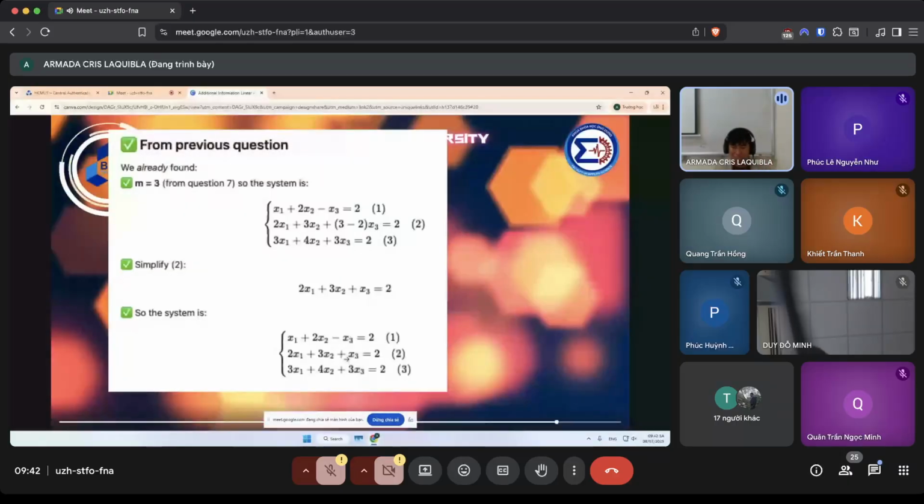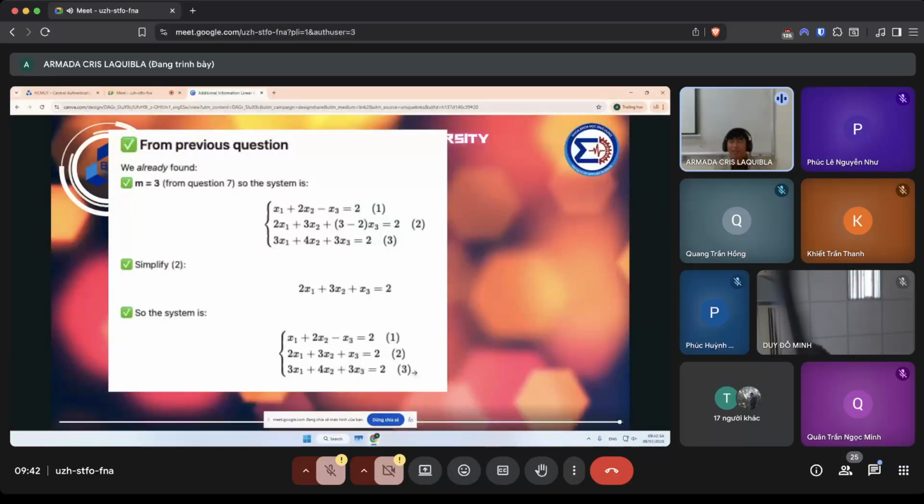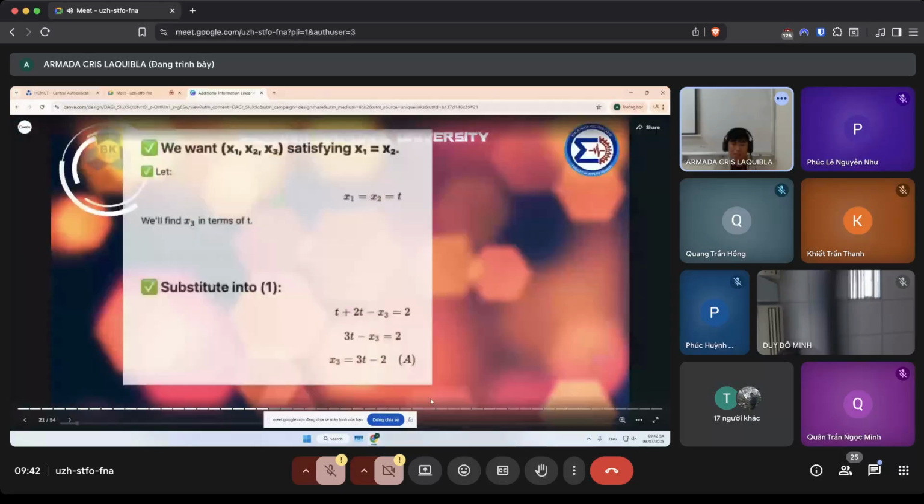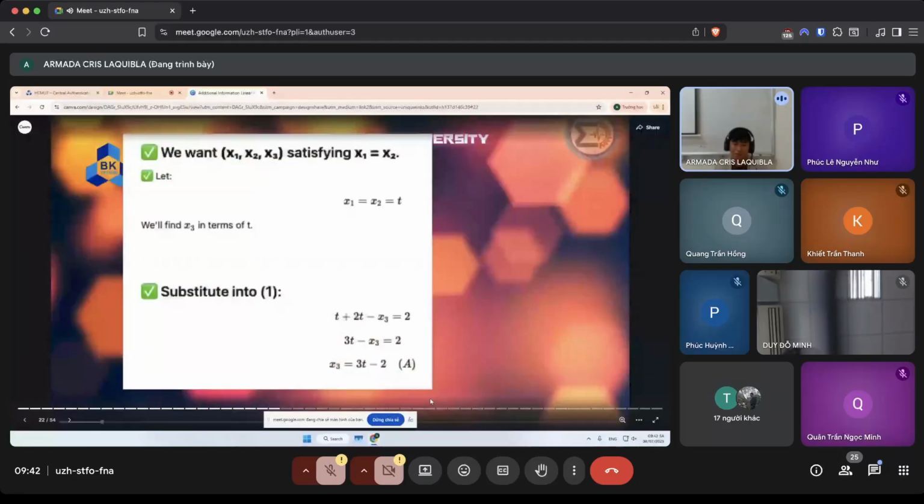Do not use equation 3 anymore, class, because you can solve the value of x3 now. When you have two equations and two variables, you can solve it directly. So no need for you to substitute x1, x2 equals t into equation number 3.